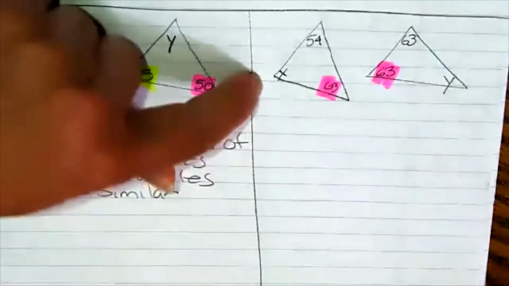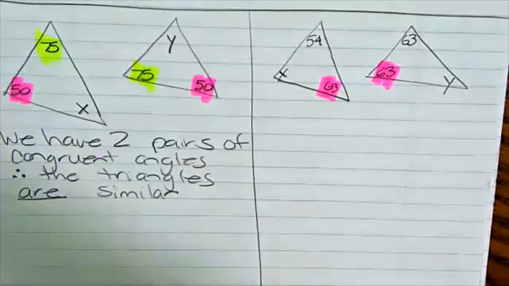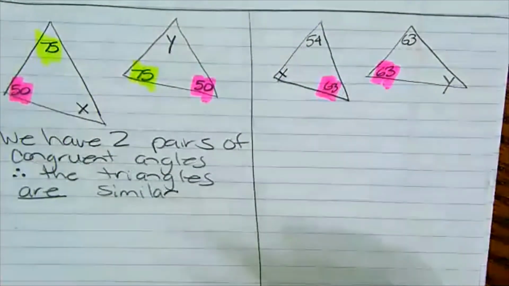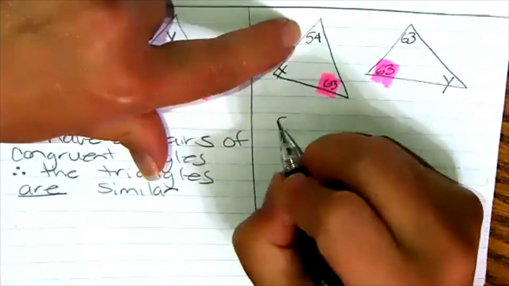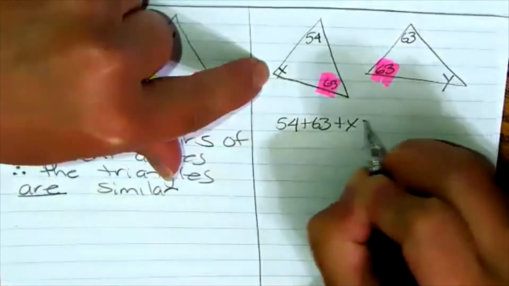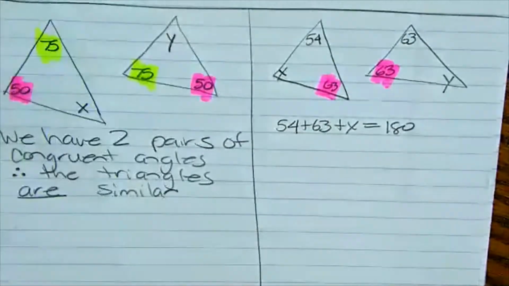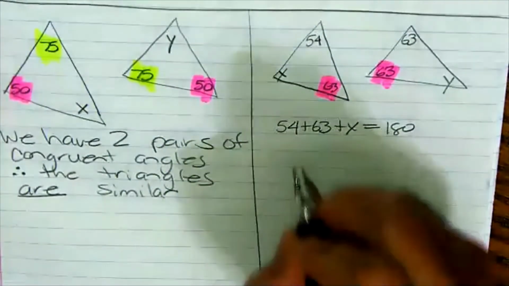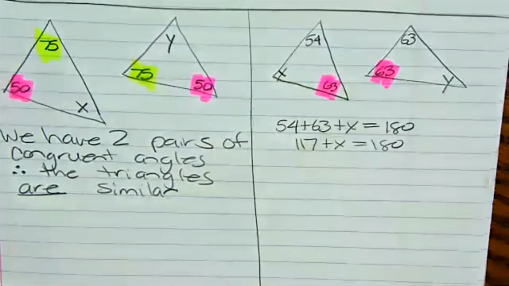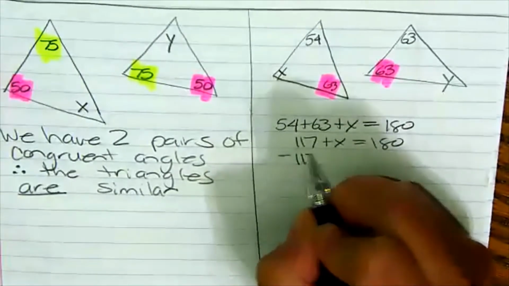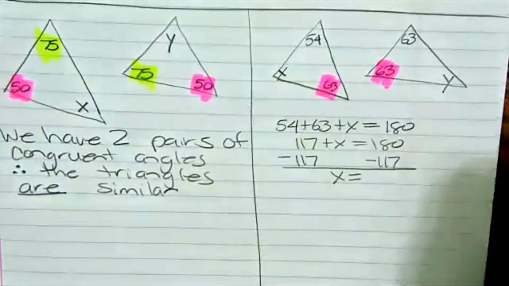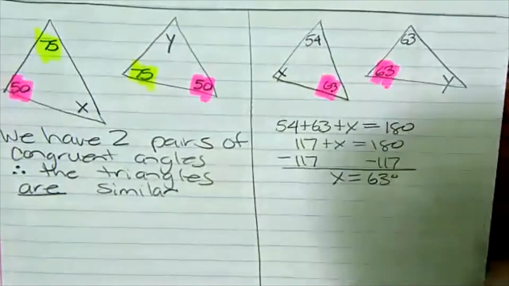Okay, I'm going to go with x, and I know that the interior angles of a triangle are equal to 180 degrees. So 54 plus 63 plus x equals 180 degrees. So 117 plus x equals 180 degrees. And this is now a basic algebra problem that you already know how to do. x is equal to 63 degrees.